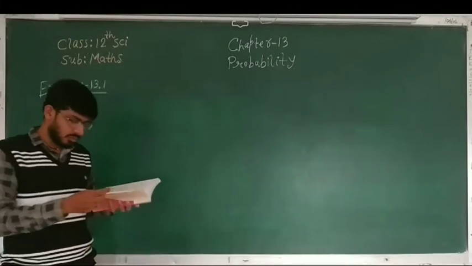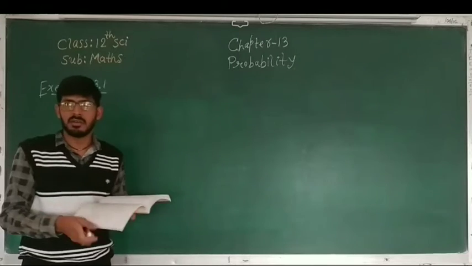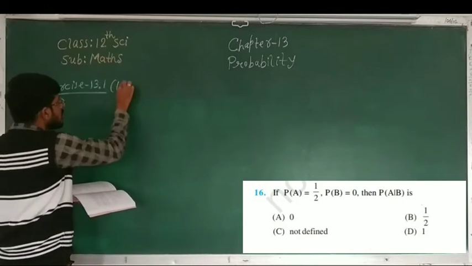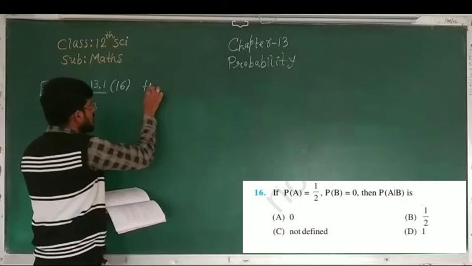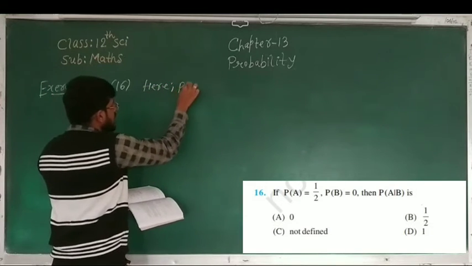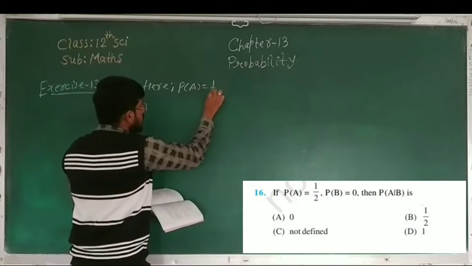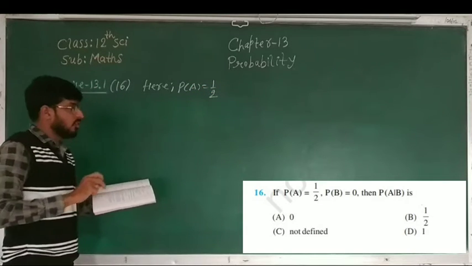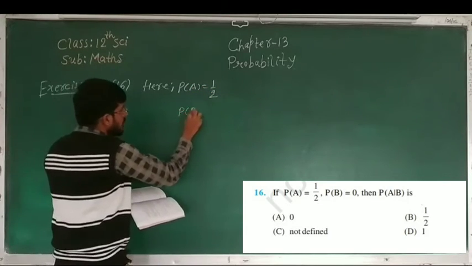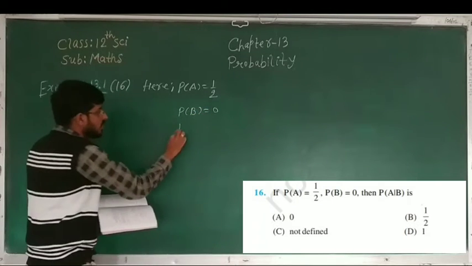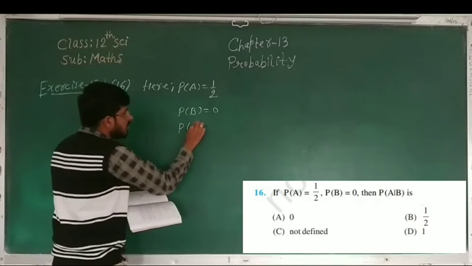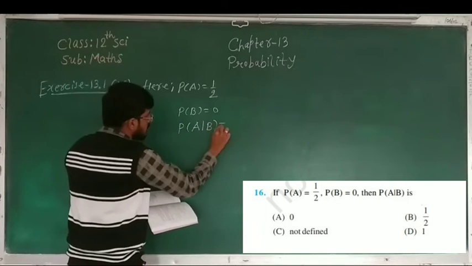Okay, next, question number 16. Given that P of A is equal to 1 by 2 and P of B is equal to 0, then P of A given B is equal to what?